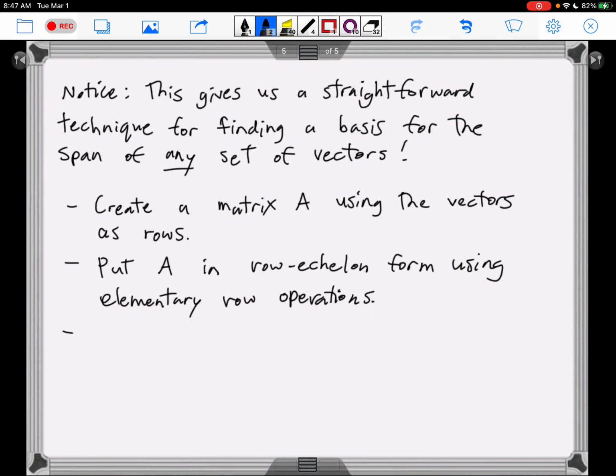And then the basis is equal to the set of non-zero row vectors. Okay? Pretty cool, right? This gives us a nice technique that we could have even used in earlier sections when we were trying to find a basis for the span of a set of vectors. So let's quickly do another example here.